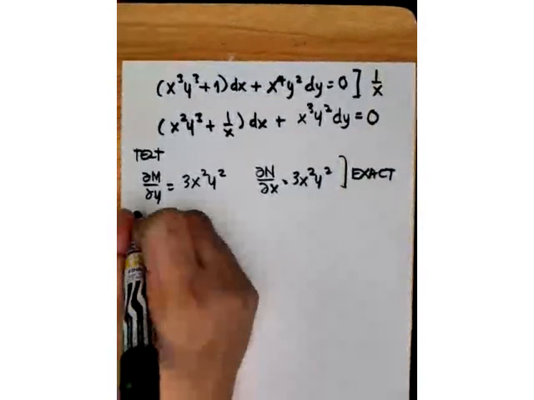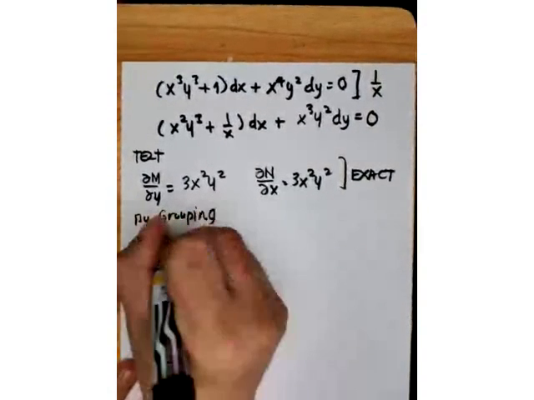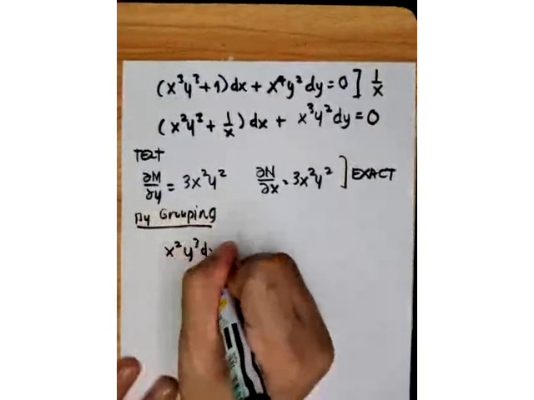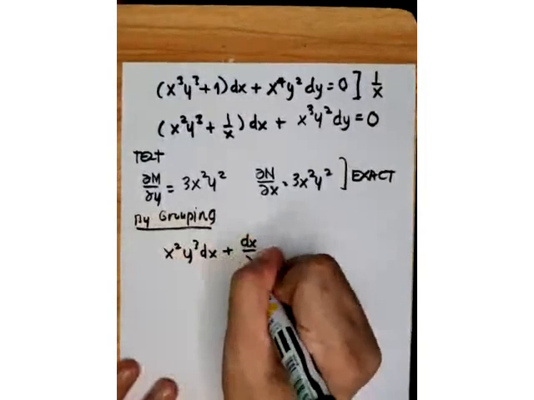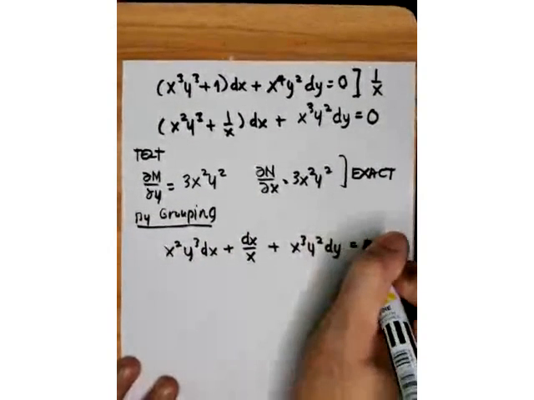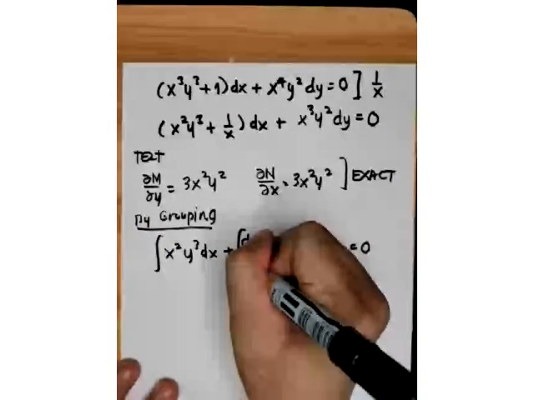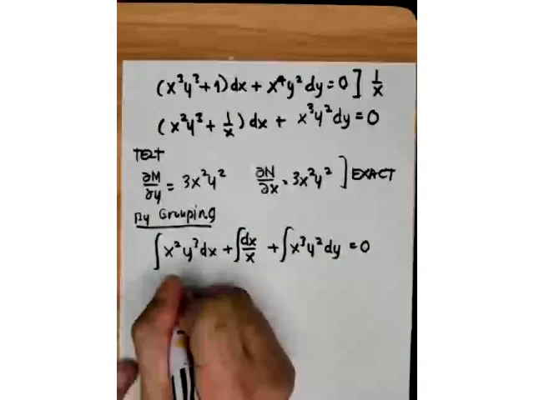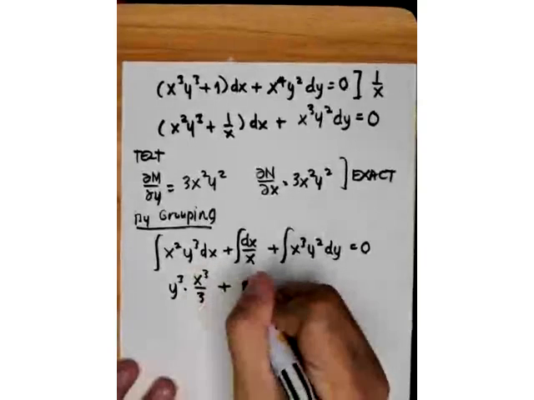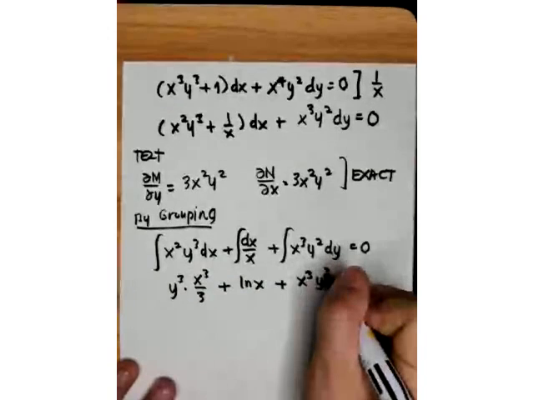So by grouping, okay, so x squared y cubed dx plus dx over x plus x cubed y squared dy is equal to 0. So when we integrate each term, so this one will be y cubed times x cubed over 3 plus ln of x plus x cubed y cubed over 3.